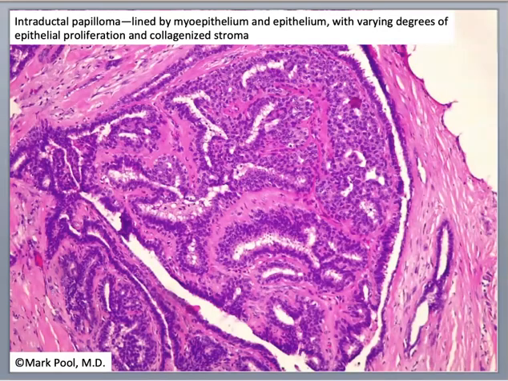This is just another intermediate power view, showing again the circumscription, the lesion that's filling the duct, and the fibrovascular cores forming these papillae. You can see the fibrovascular cores here, and the epithelial projections sticking out.